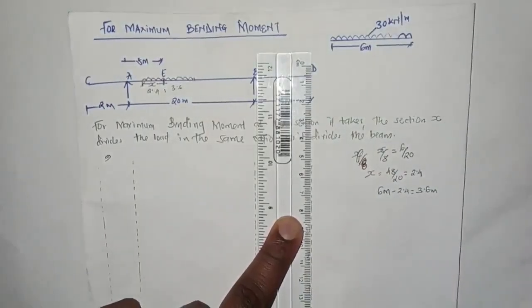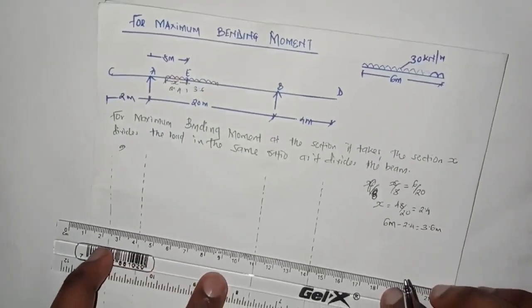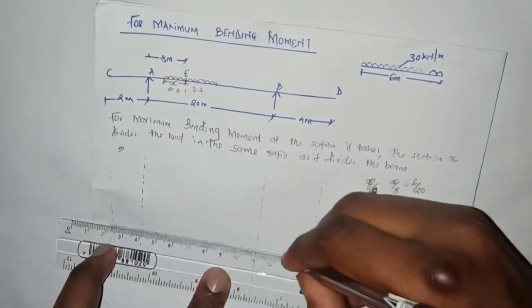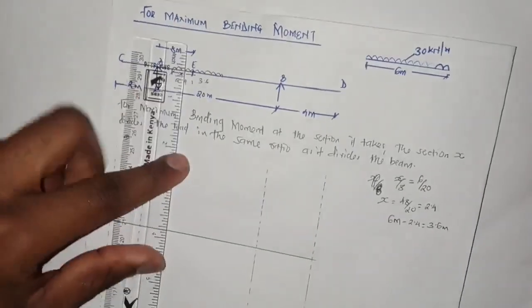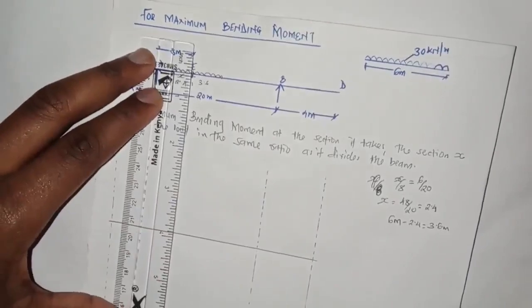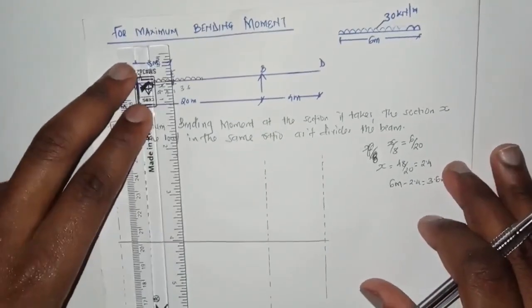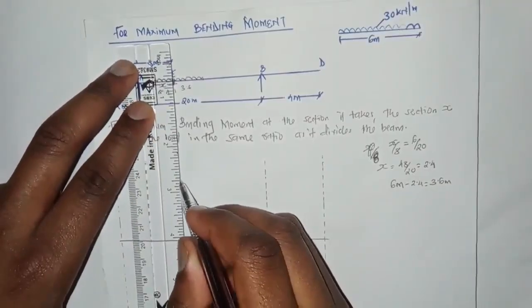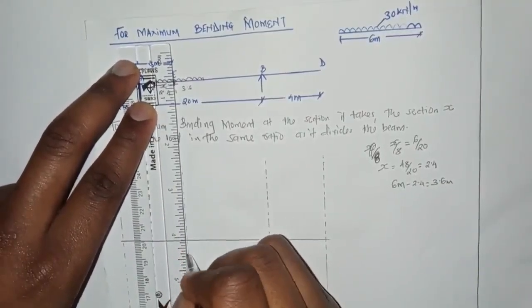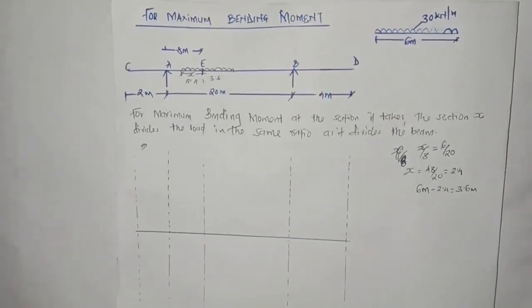As fast as you can. Then this is our span. Now point E, somewhere there.